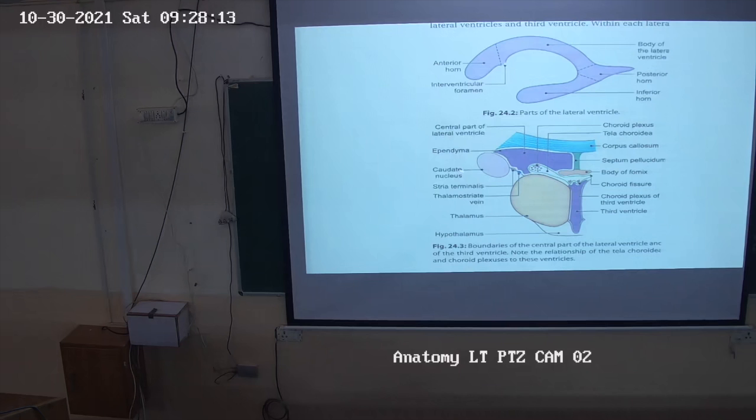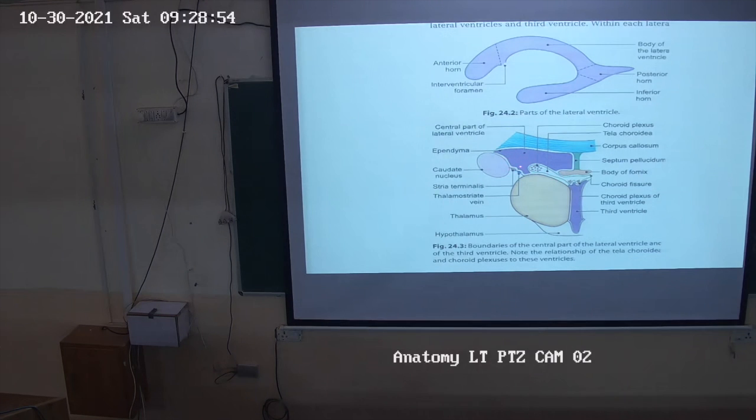Now after this, look here. What is this? Body of the fornix. This is the superior surface of the thalamus. You are seeing here the blue colored pouch. This is a double layer of pia mater. Try to understand, otherwise you will be confused. These two layers of pia mater extend into the space between the body of the fornix above and the superior surface of the thalamus, and reach the lateral ventricle.